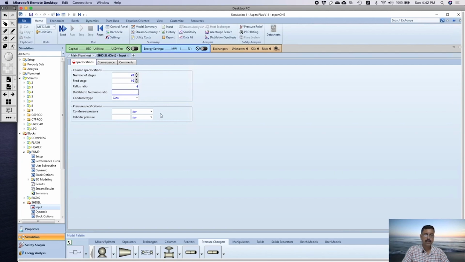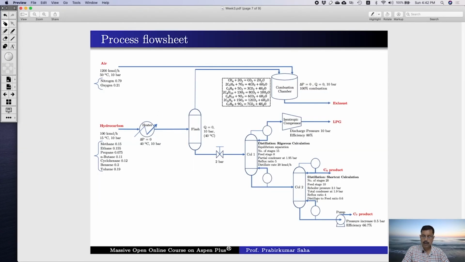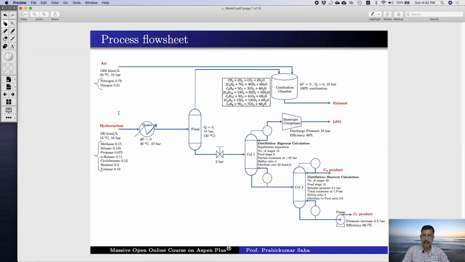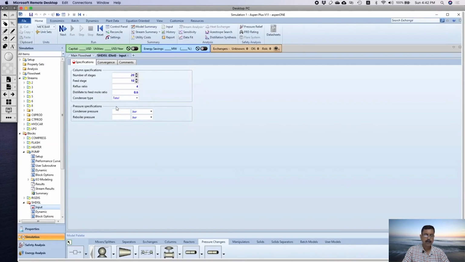Distillate to feed mole ratio is 0.6, and condenser type is total. The condenser pressure is 1.9 bar, reboiler pressure is 2.1 bar. So it is condenser pressure 1.9 and reboiler pressure 2.1. And this is a very well known fact that the reboiler will always be at higher pressure than the condenser.